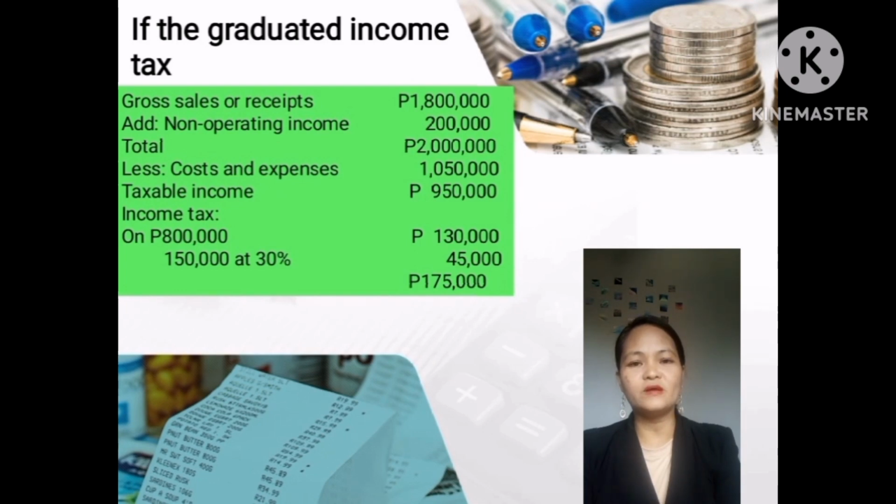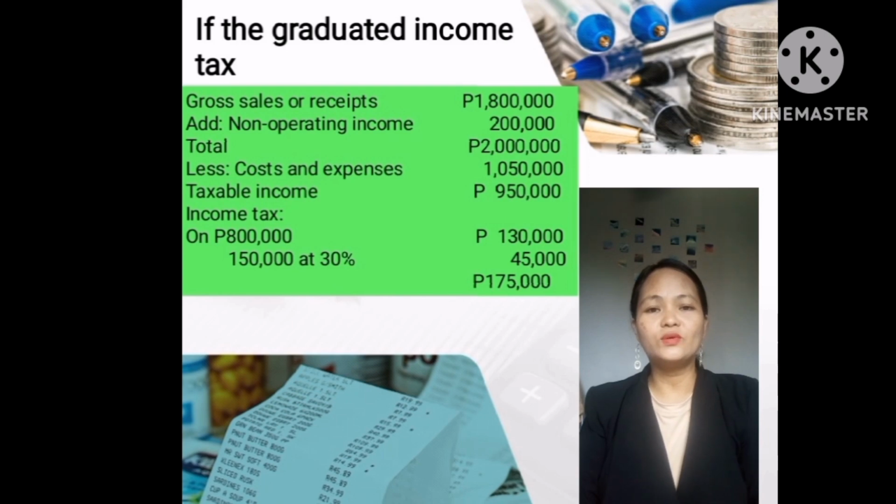Dun sa 150,000, dun tayo kukuha ng 30%. Then, ang 30% ng 150,000 pesos ay 45,000. Tsaka natin i-add yung 130,000. 130,000 plus 45,000 equals 175,000. Iyon yung magiging income tax nung taxpayer na yon.